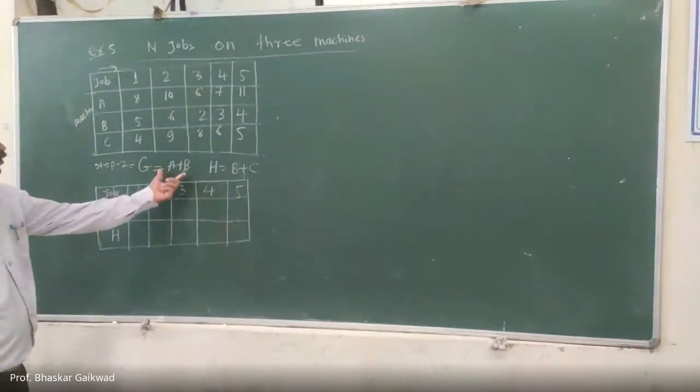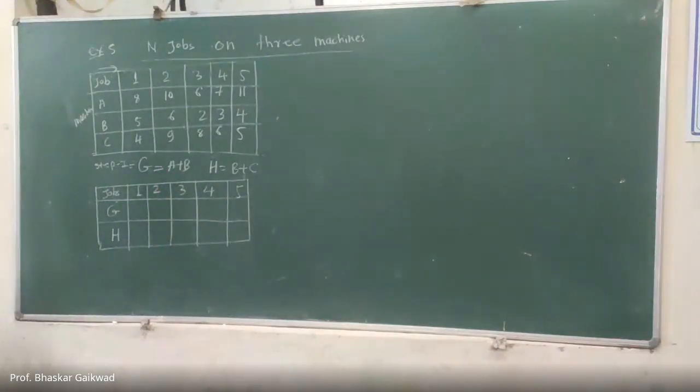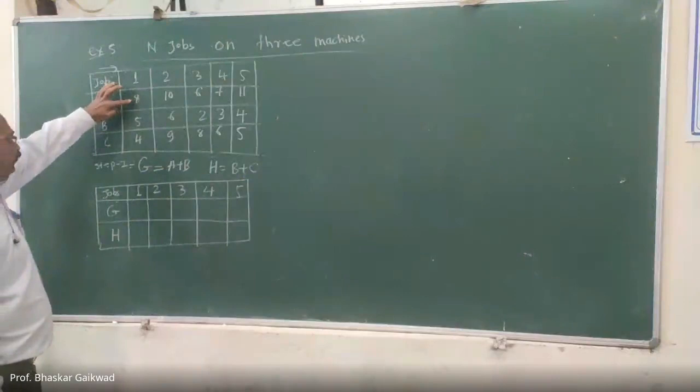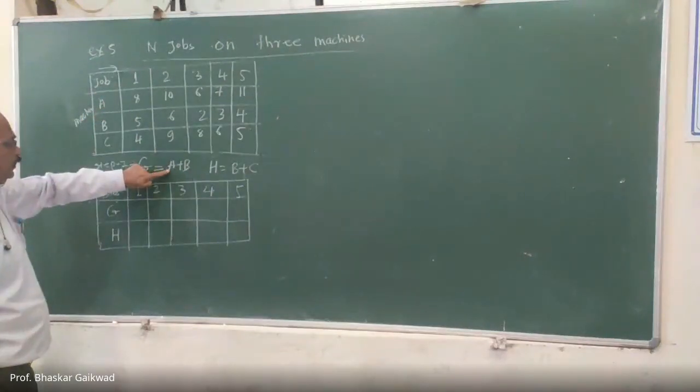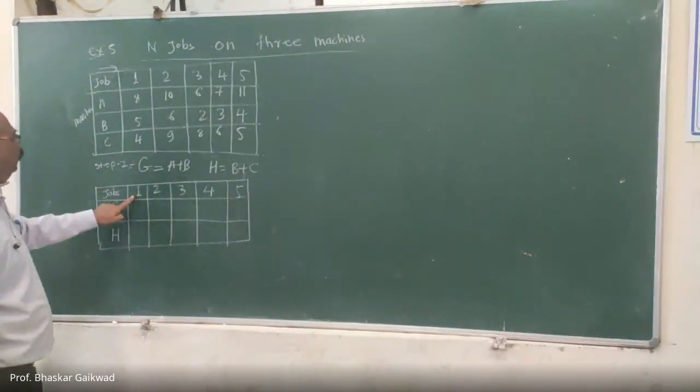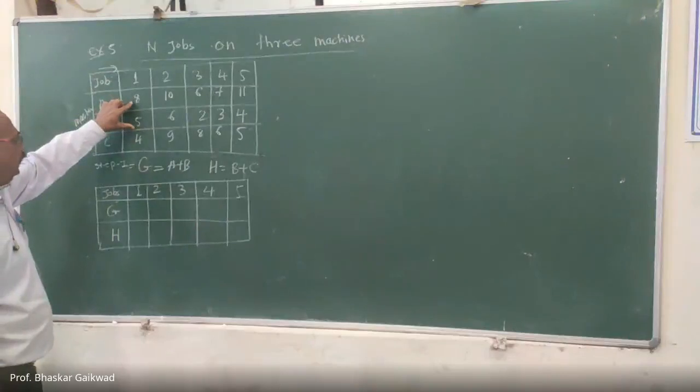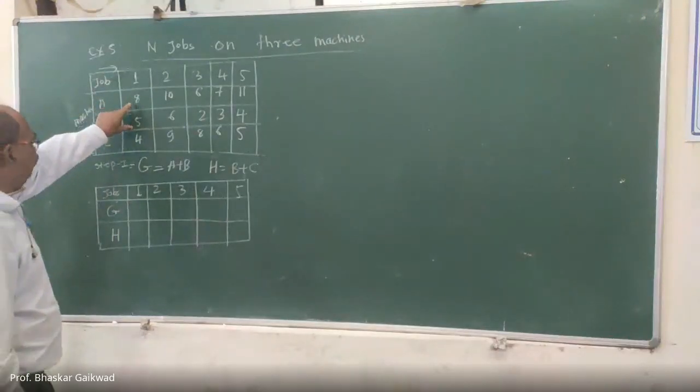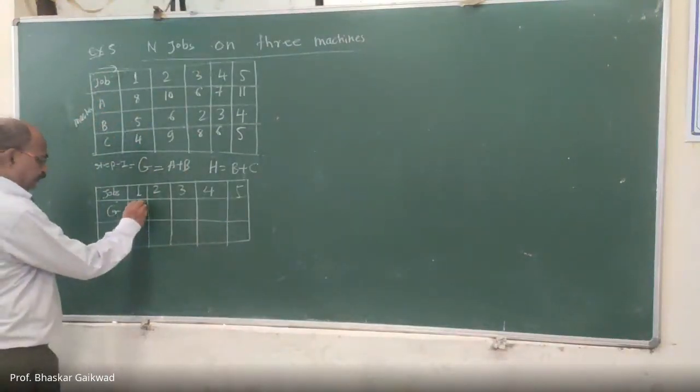Now G, this is equal to A plus B. Now what is the A related to the first one? A is 8, B is 5 related to machine 1. So 8 plus 5, 13.